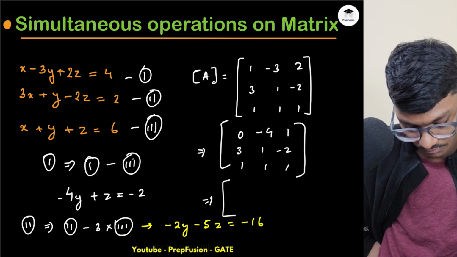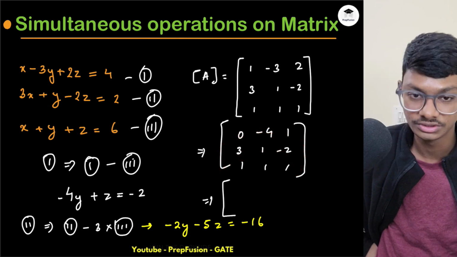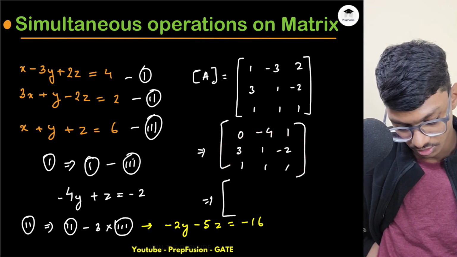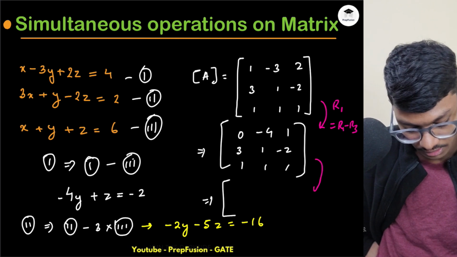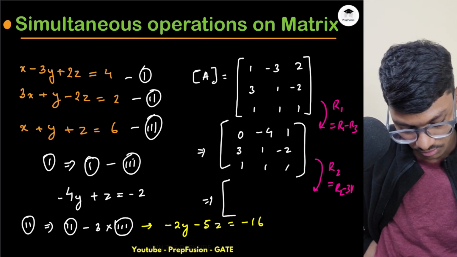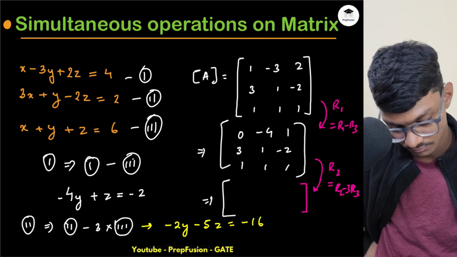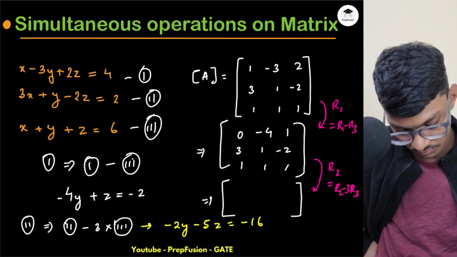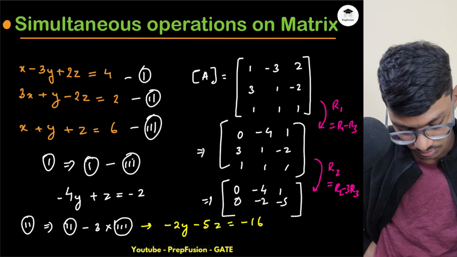Then we subtracted the second row with 3 times the third row. In this operation we change row 1 with row 1 minus row 3, and in this operation we change row 2 with row 2 minus 3 times row 3. This will become 0, this will become minus 2, this will become minus 5.